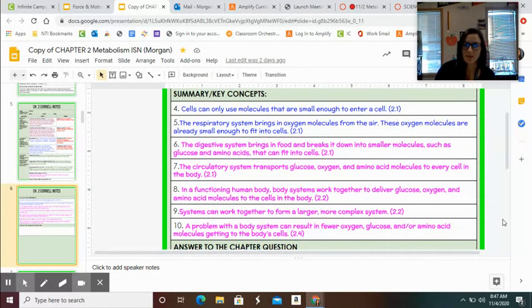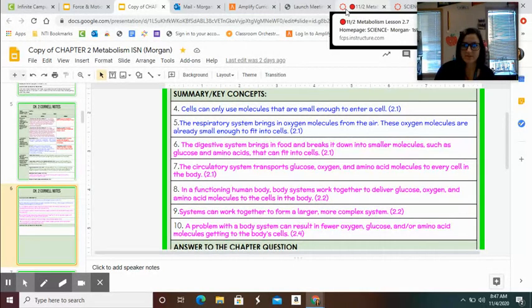All right. So those are all the chapter 2 Cornell notes. So hopefully you got those.